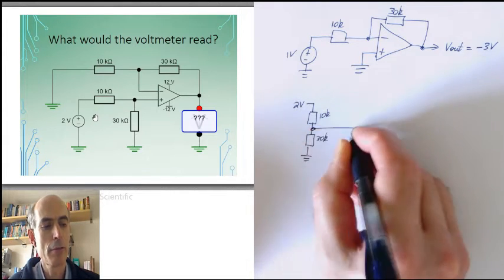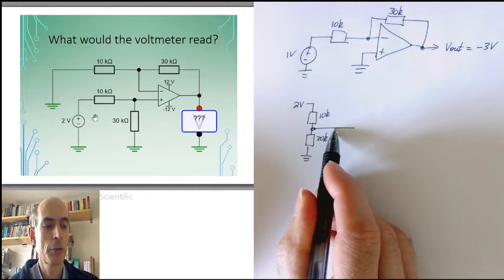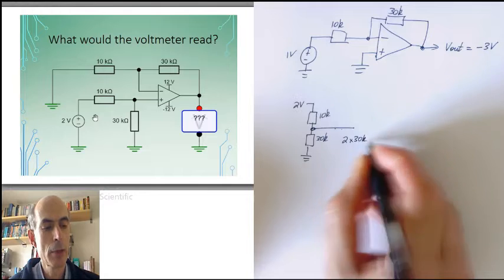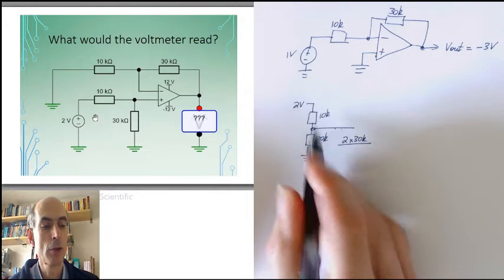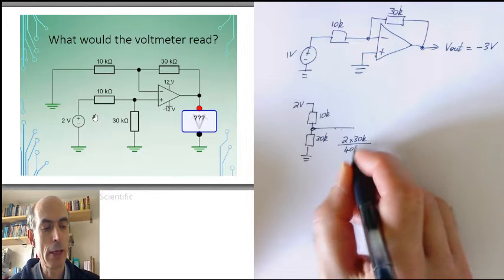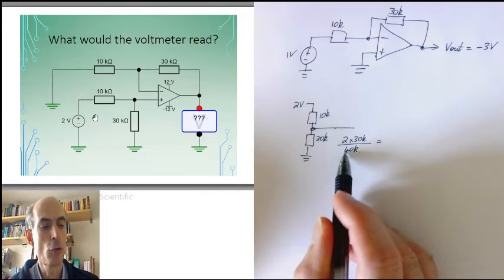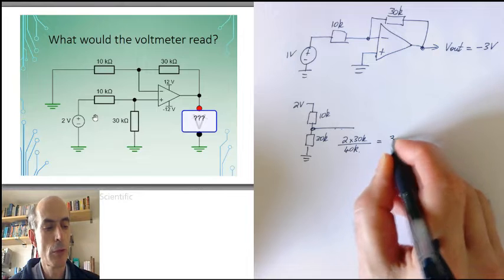So the voltage here at this point in the potential divider will just be 2 times 30k divided by the total resistance, which in this case is 40k. So that just gives us 6 over 4 or 3 over 2 volts.